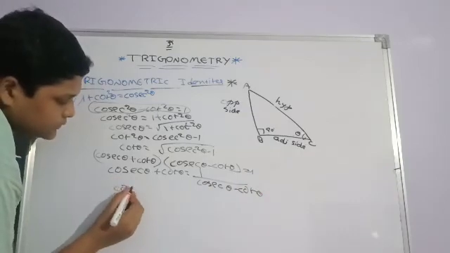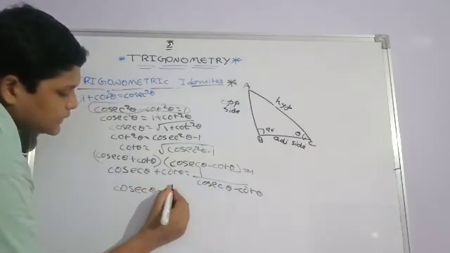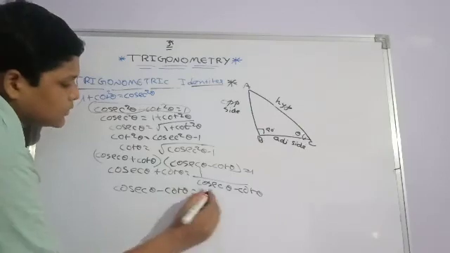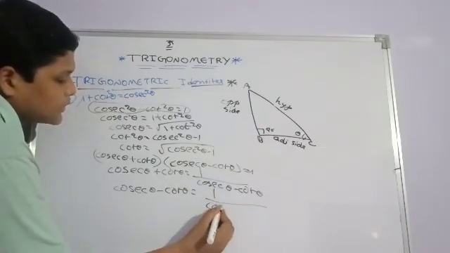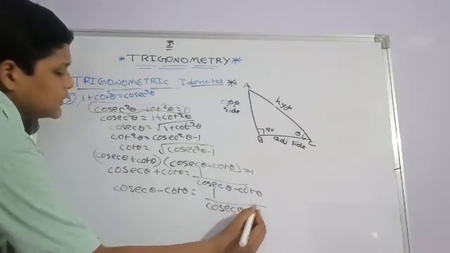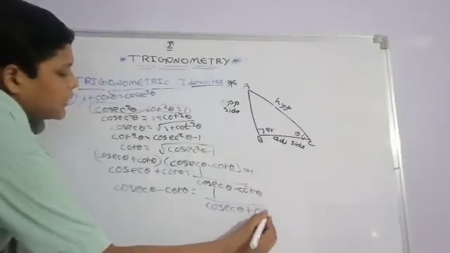The next one is cosecant theta minus cot theta is equals to 1 by cosecant theta plus cot theta.